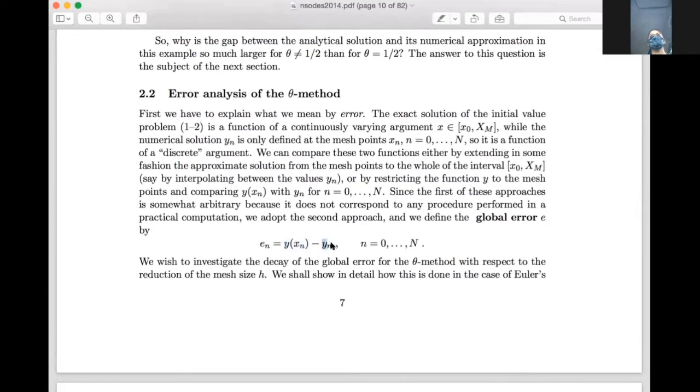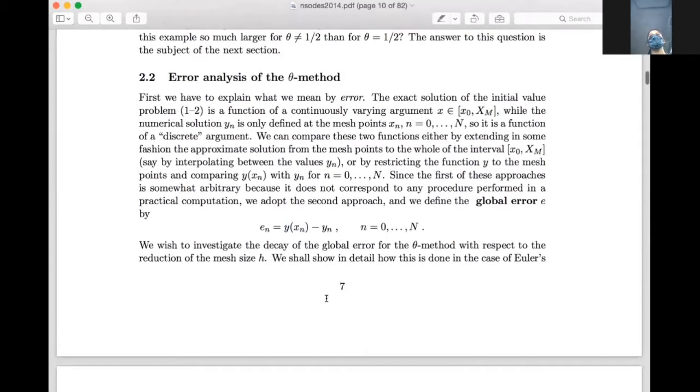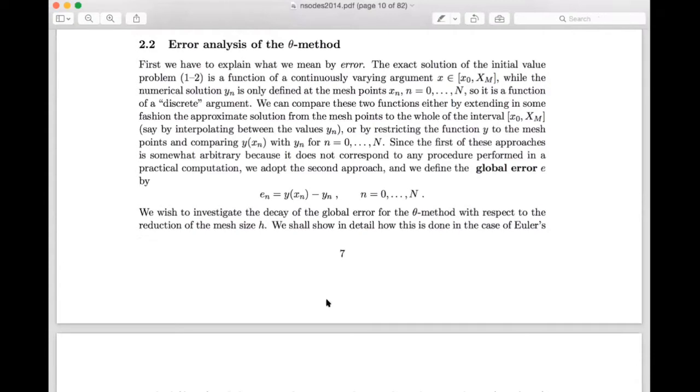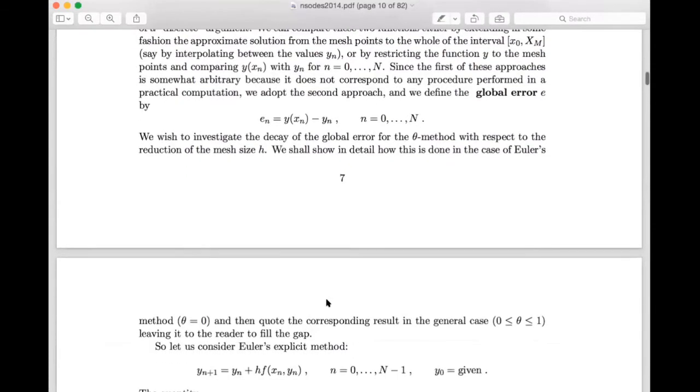So this is basically the global error, and we will try to estimate this for Euler backward, Euler forward, trapezoidal method, or in general the theta method. And of course, in the last lecture I explained how we generate a sequence of approximations here, and how it converges to the exact one. So that is an important thing.